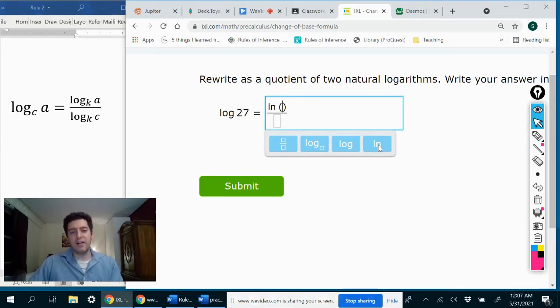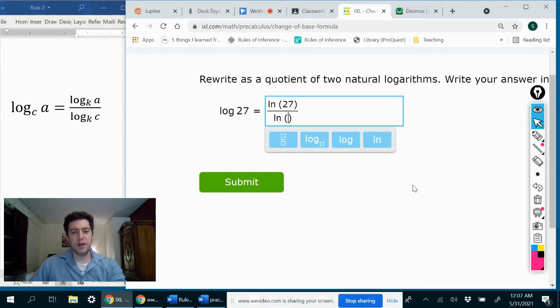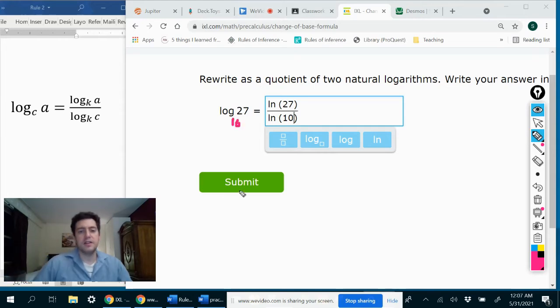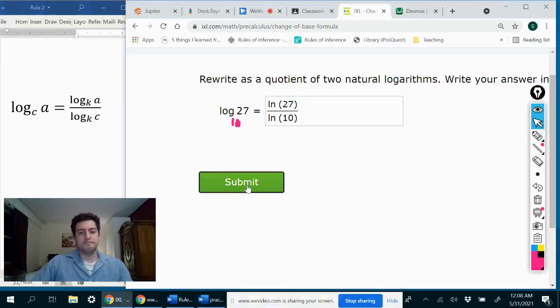So we're just going to write ln of 27 over the ln, or natural log, of 10. Where did I get the 10 from? Because again, looking back over here, the base was not written, so the base over here is 10. So this was a common logarithm over here. Here we're using natural logarithms in the numerator and the denominator.